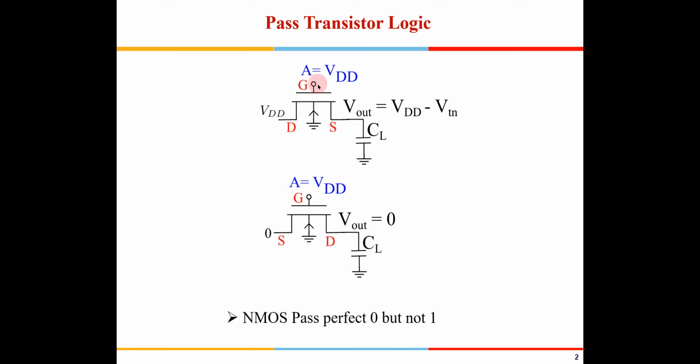So on the gate we give a VDD, so this has to switch on, but the output, as it keeps increasing, the moment it reaches VDD minus VTN, this NMOS gets switched off, because if it has reached VDD minus VTN, the gate to source voltage is VDD on the gate and VDD minus VTN at the source, so the gate to source voltage is just VTN. If it goes beyond that, then the voltage available here will be less than VTN, and hence this cannot go beyond that. It will get switched off.